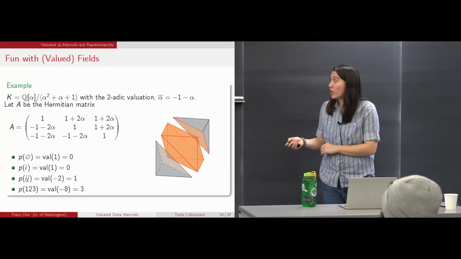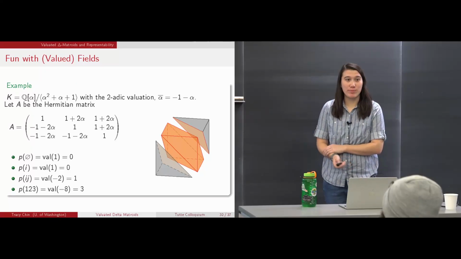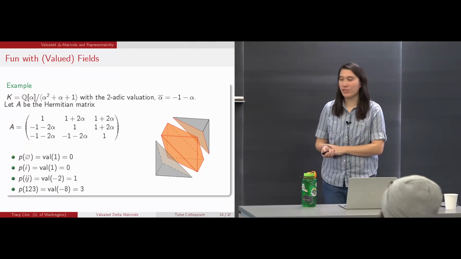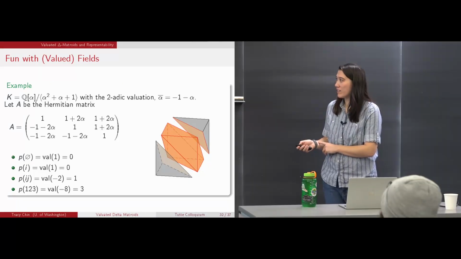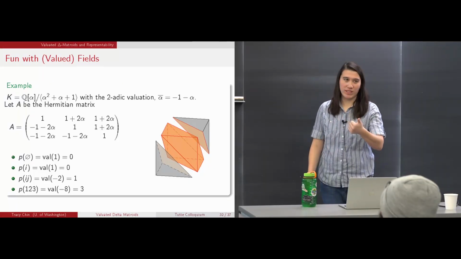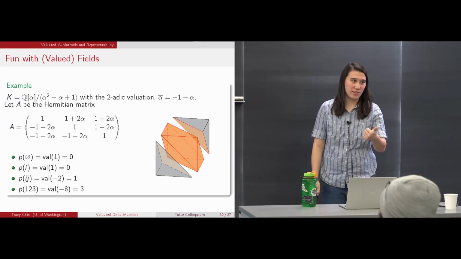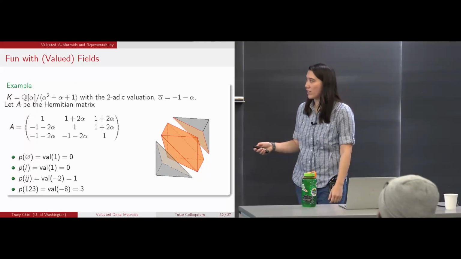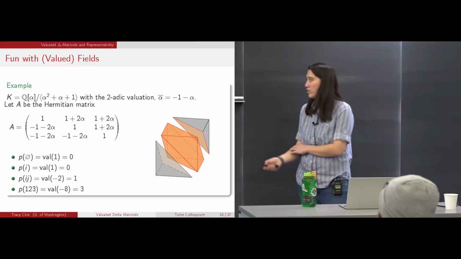And then again, if you want to impress your friendly neighborhood number theorist, take this two-adic valuation. I claim that the empty minor always has determinant 1, valuation 0. The 1x1 minors here we can check determinant 1, valuation 0.